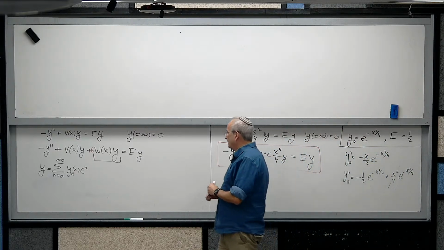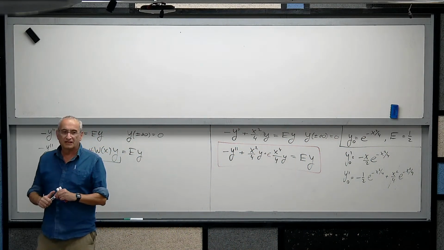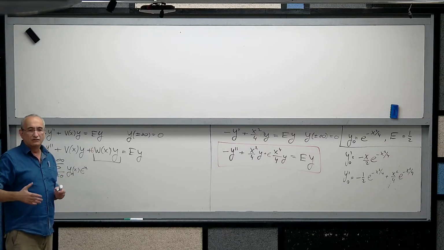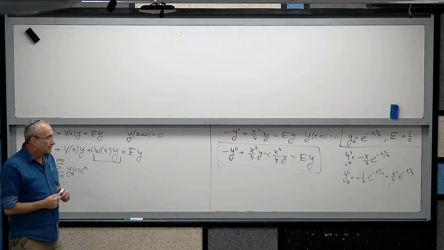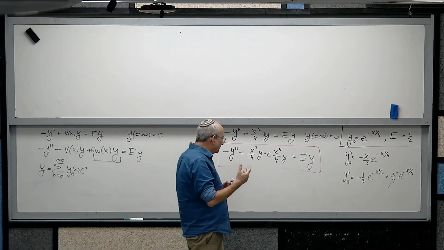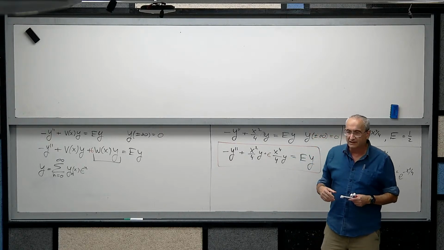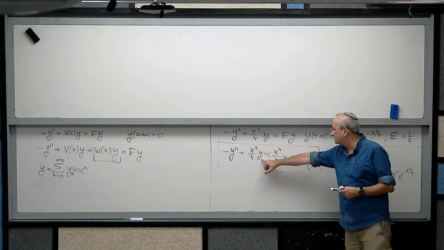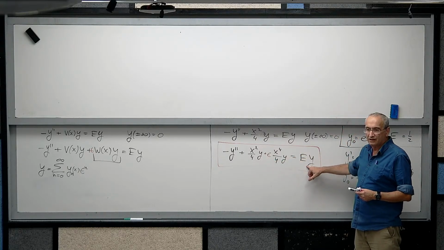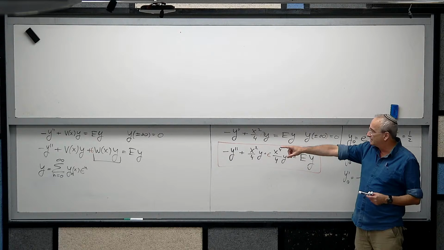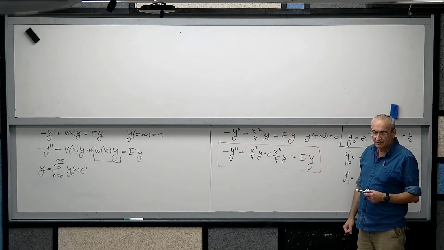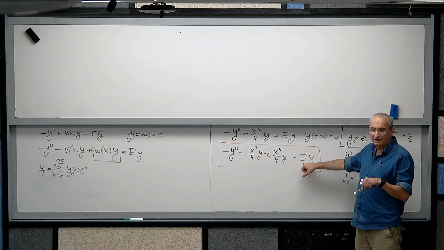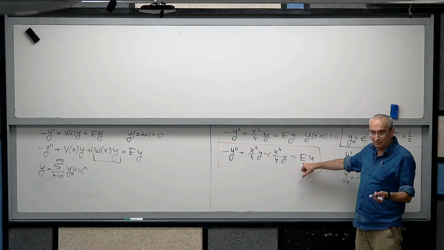Good. However, in the application to the Schrödinger equation, we have a problem that we did not face yet. In most cases we do not face it, but here we face it. The problem is that of the constants in this equation, not all of them are independent of epsilon. Right? Because we have here E, and we want E to be epsilon dependent also.